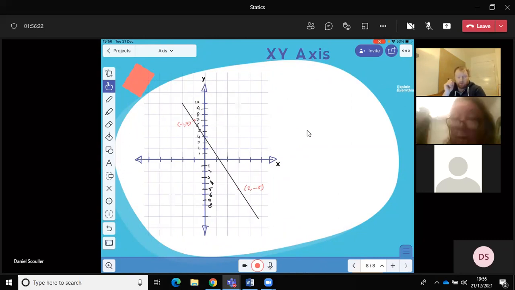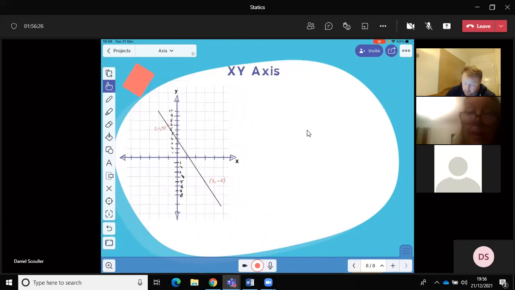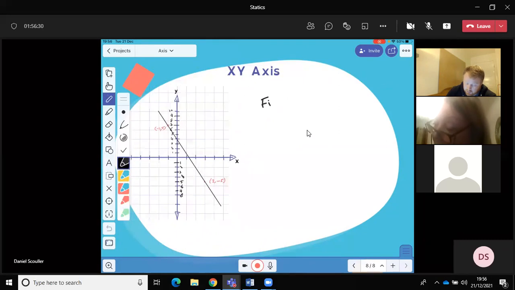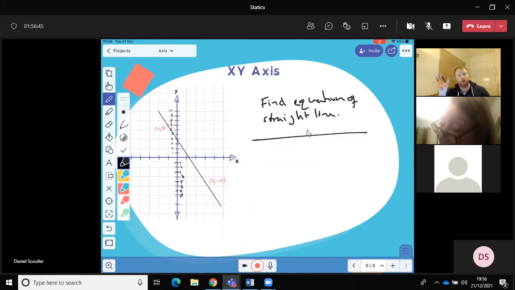Everyone comfortable with those plots? The question would be: find the equation of the straight line. And that's it. That's all the information you'd be given.